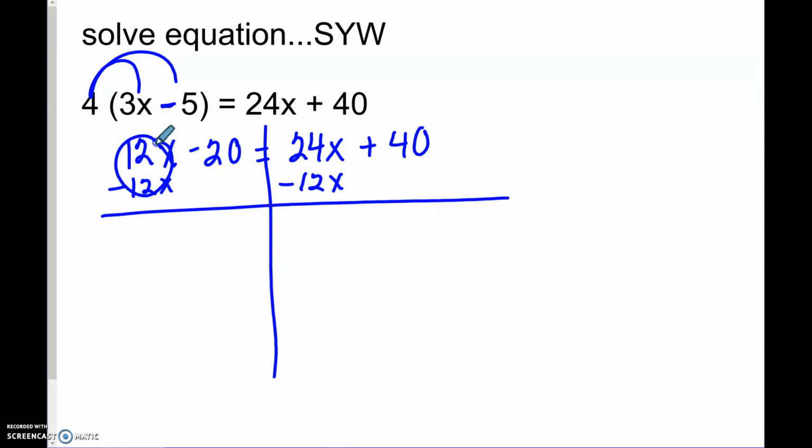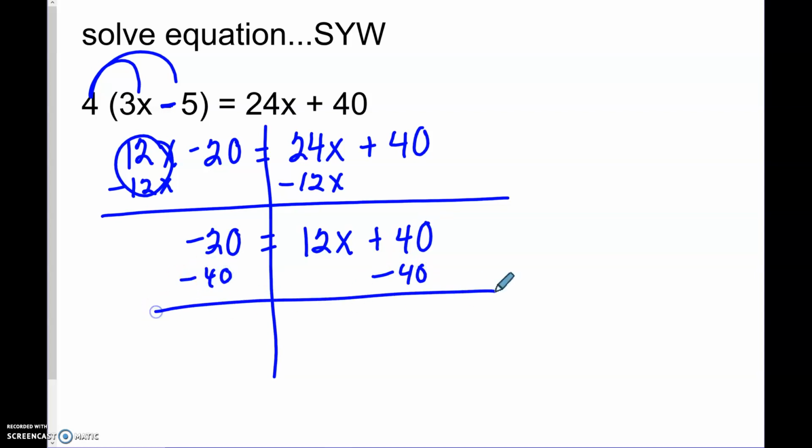So I'm going to do the opposite operation. These are going to cancel out. Don't forget that negative, so it's negative 20. And 24x minus 12x is 12x. Now I need to move the numbers away from the x, and because that says plus 40, I am going to subtract 40, and make sure you use your calculator here.